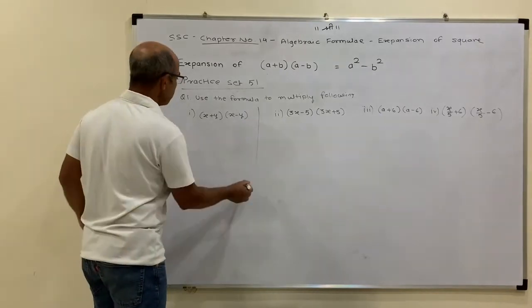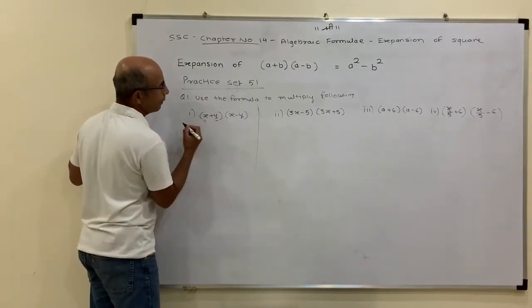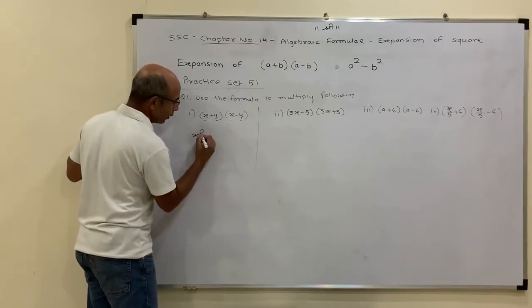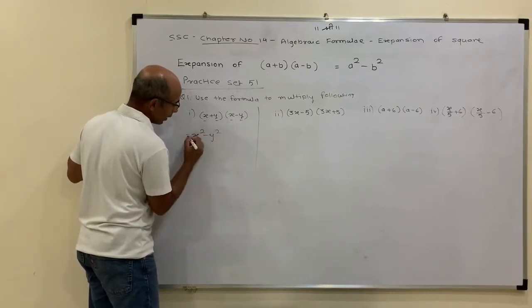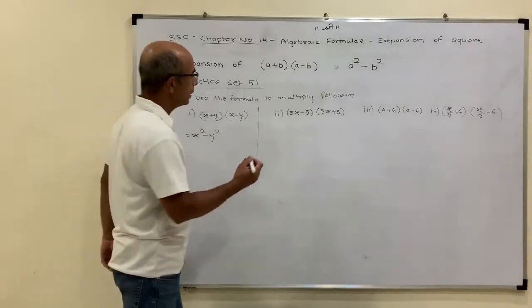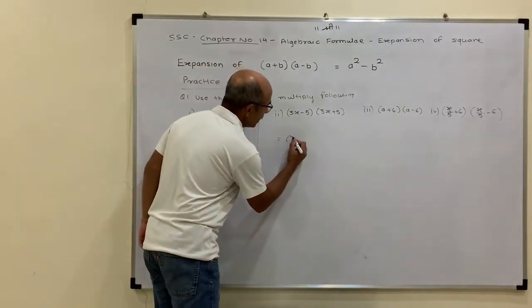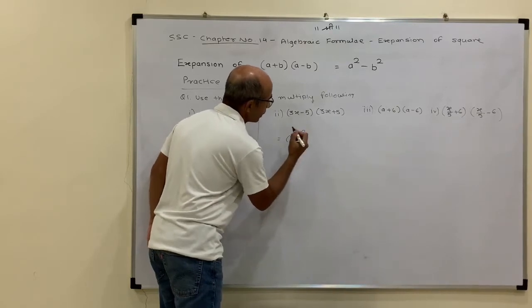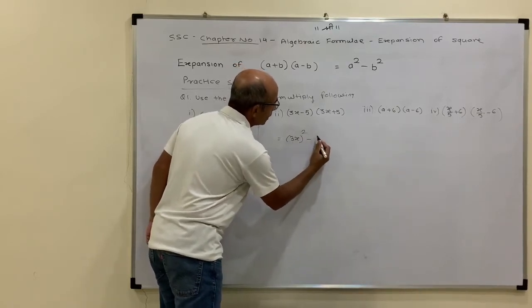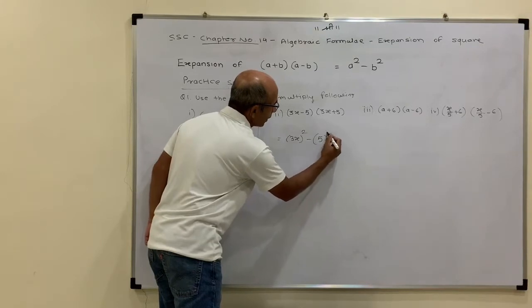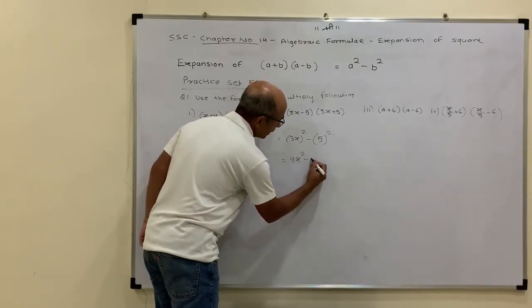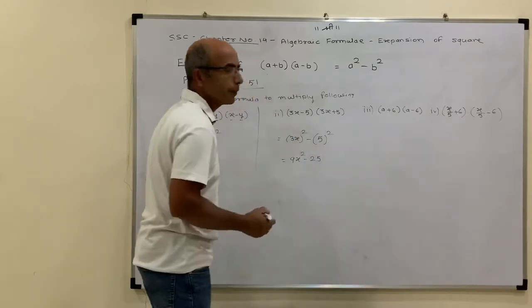The first one, (x plus y) into (x minus y), equals x square minus y square. The second one will be (3x) square minus 5 square, so it will be 9x square minus 25.